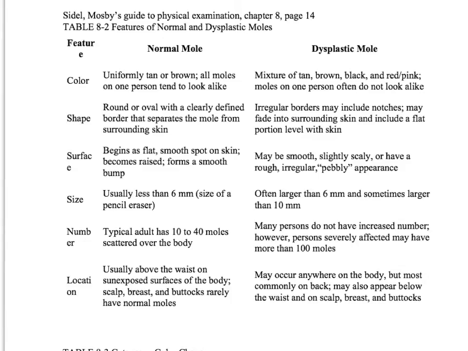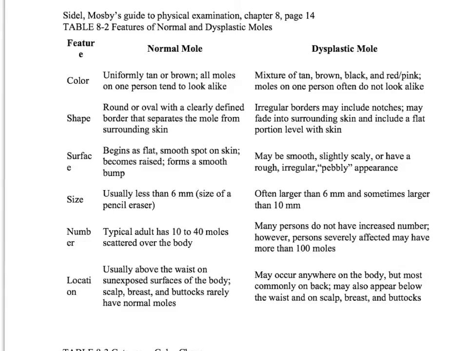moles to dysplastic moles. The color of normal moles, usually they're uniformly tan or brown, and everybody seems to have a type of a mole, and they all look generally the same. Dysplastic moles tend to be different colors, mixtures of different shapes and colors of moles.